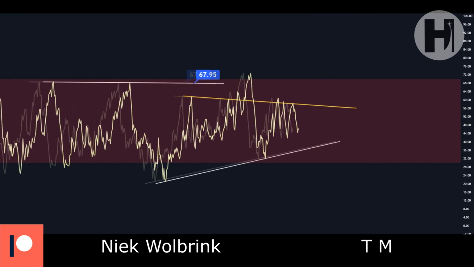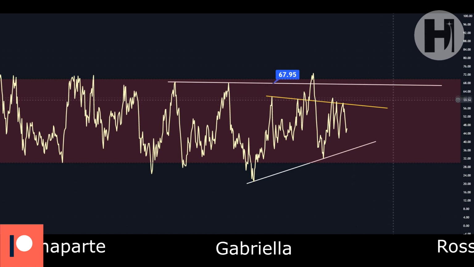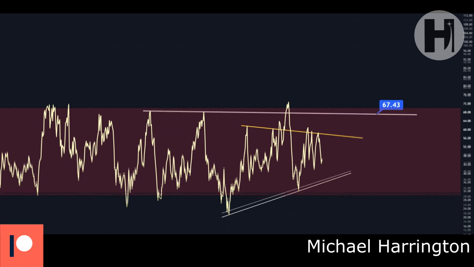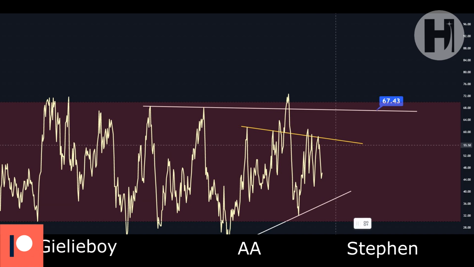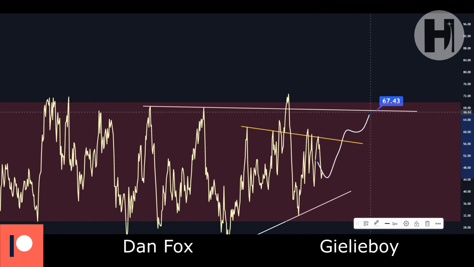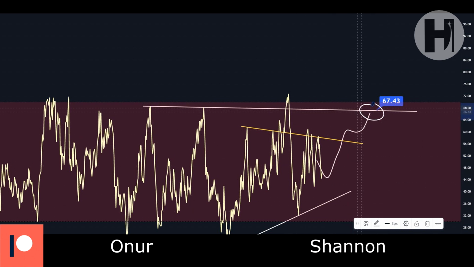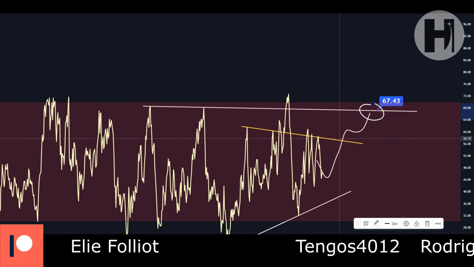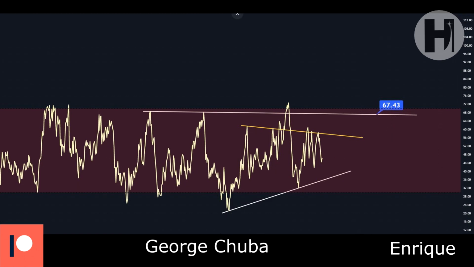Also, if I continue extending this resistance trend line that we have over here, then that could be a nice target for us moving over to November, because if we break through the yellow resistance trend line, then we may see a move to the upside, all the way getting to the index of 67.4 on the RSI, and that could happen sometime in November. So I do apologize about those sounds. Target this for a move to the upside in November, and let's switch over to the Binance website.